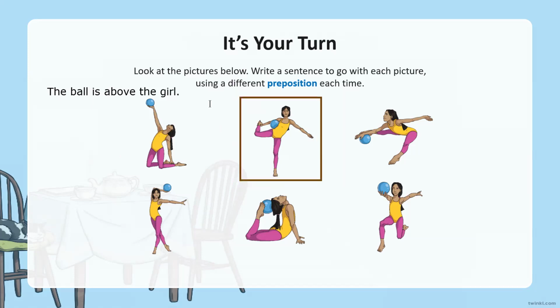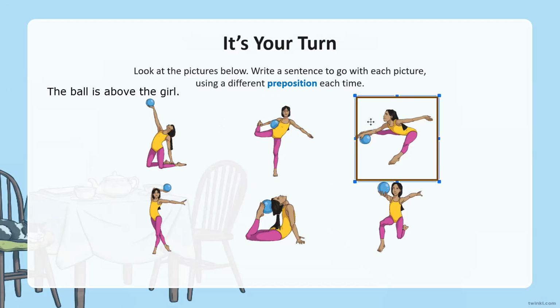Is it between? So what are you going to use? The ball is in the girl's arms. Very good. Okay, now what about in here, Dolin?